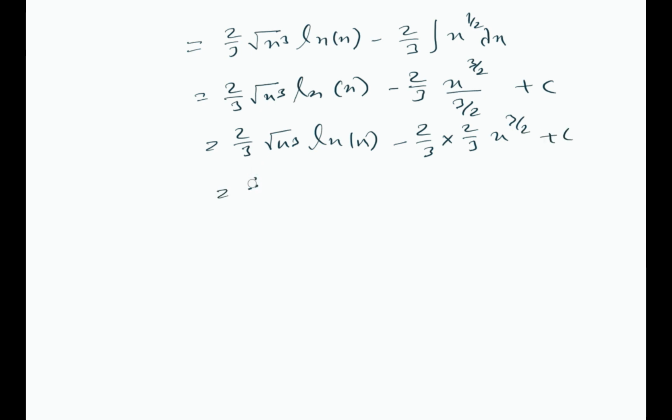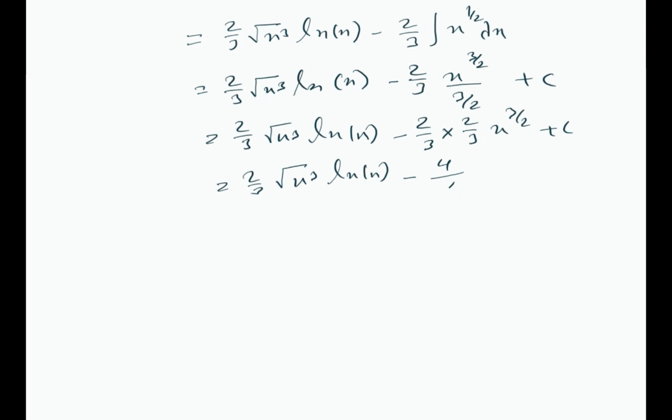This is 2 over 3 square root of x cubed ln of x minus 2 times 2 is 4, 3 times 3 is 9, and we can simply write it as square root of x cubed plus c.